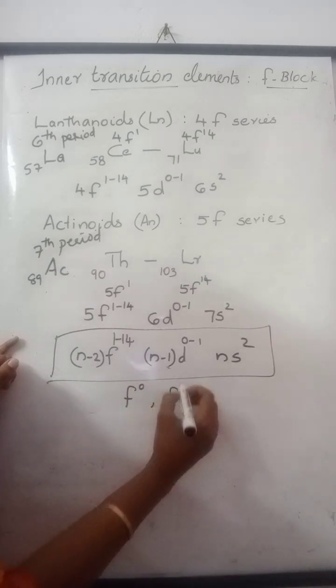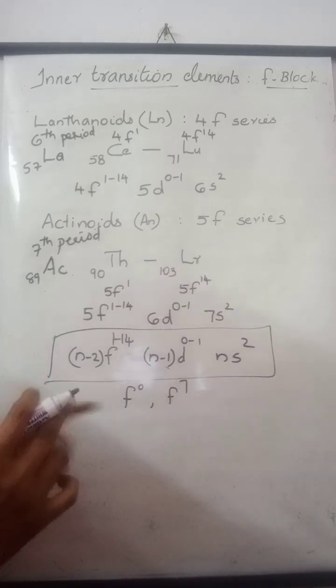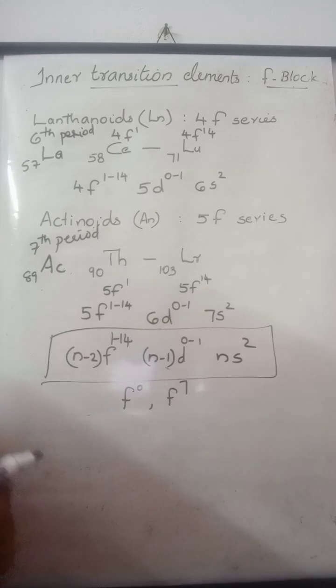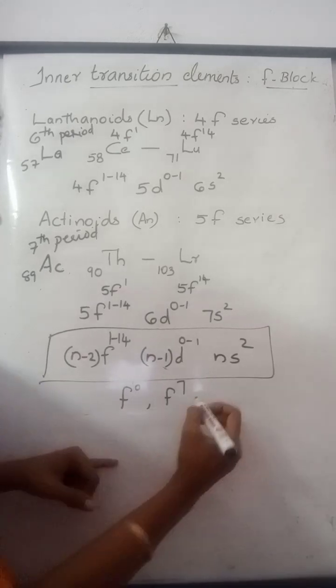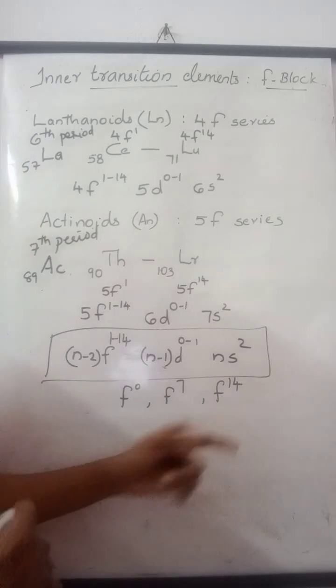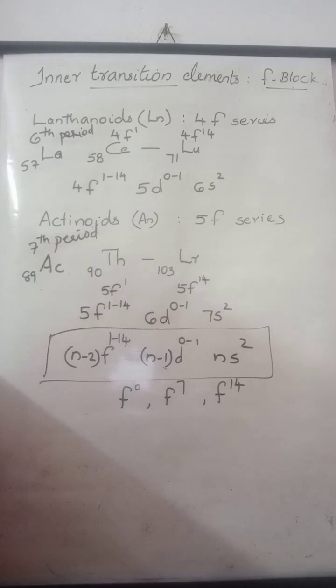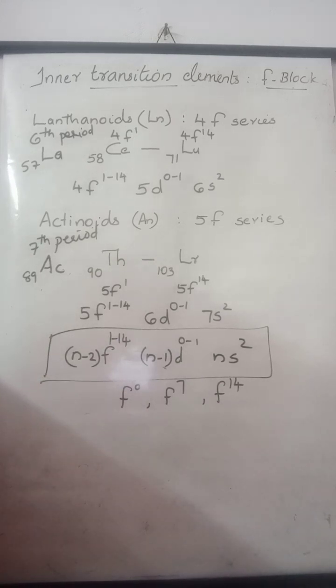Then f7, that is 7 electrons in F, meaning half-filled F atomic orbitals. Then f14, a fully filled electronic configuration, fully filled F atomic orbitals. So these configurations are particularly stable in the case of actinoids and lanthanoids also.